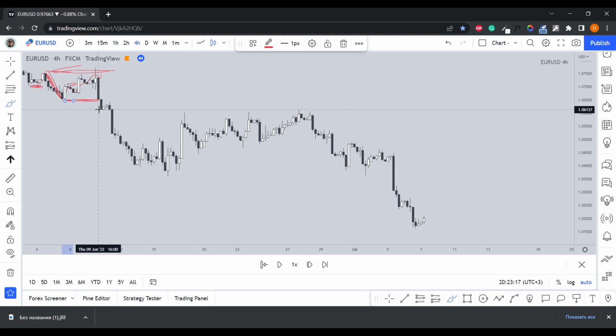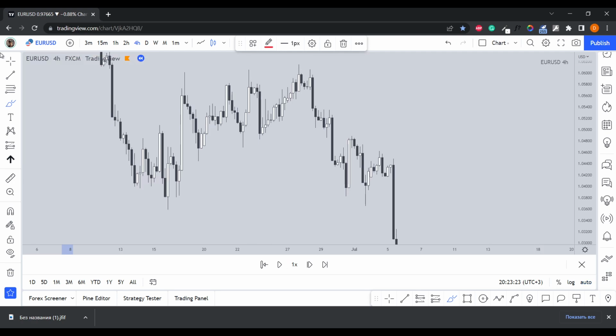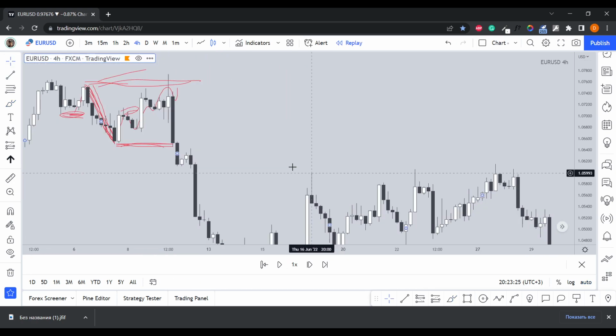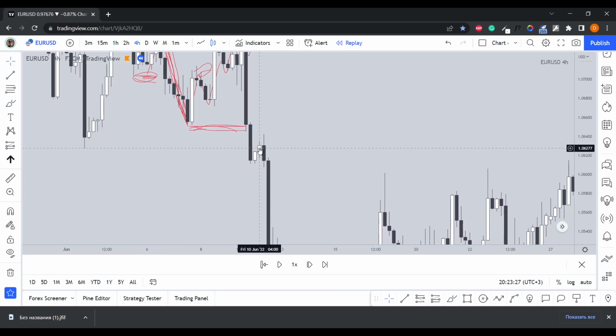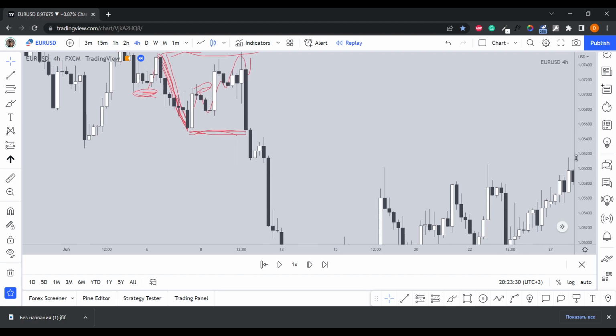So what the markup circle tells us is follow the impulse until the pullback happens. This is the situation where we need to zoom in a bit and see that the pullback happens immediately. So even this small price action counts as a pullback for the strategy.